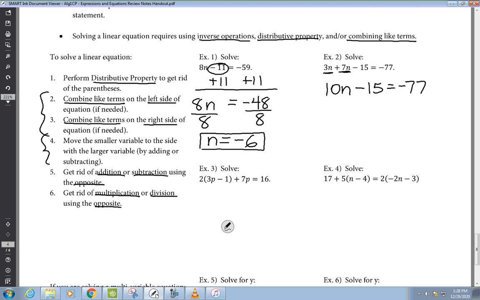We don't have variables on both sides. So we can move over to getting rid of negative 15. So to get rid of negative 15, add 15 to both sides. So that's 10n equals negative 62.